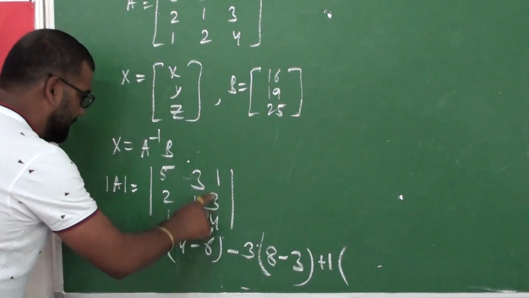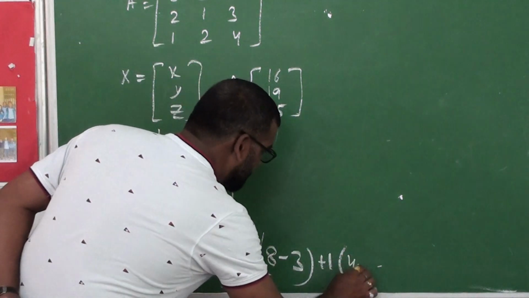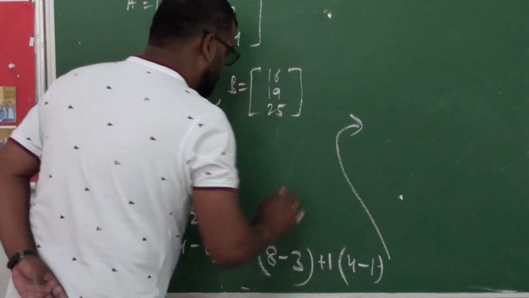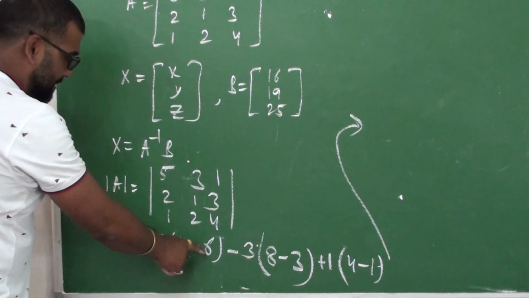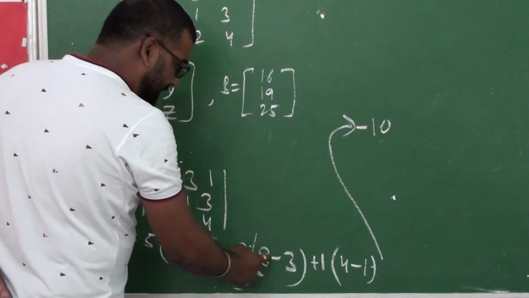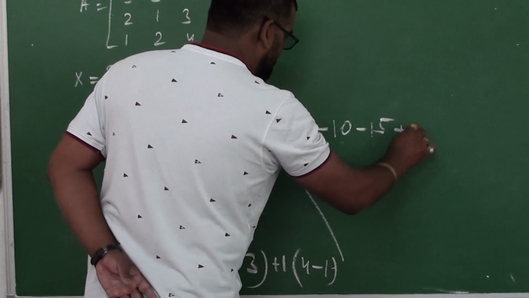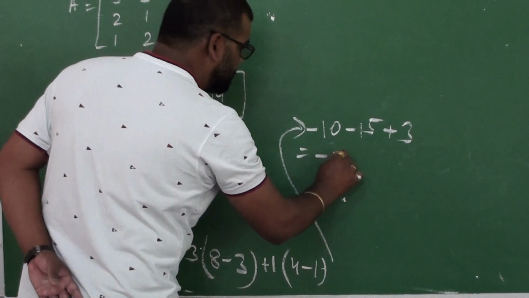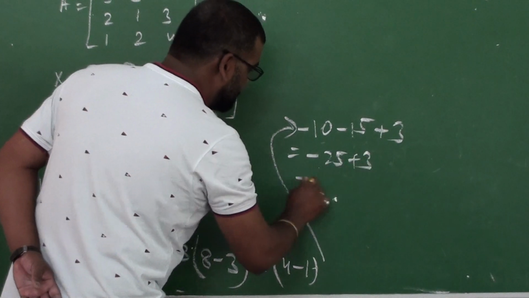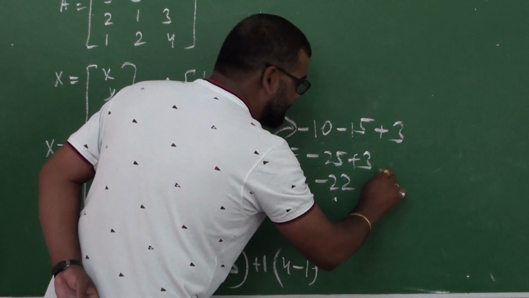If you take up 1, leave this, you are left with 4 minus 1. So you'll get 5 into minus 2, that becomes minus 10. You'll get minus 3 into 5, 3 fives are 15, that is minus 15, plus 3, that is equal to minus 25 plus 3, that is equal to minus 22. So A inverse exists.